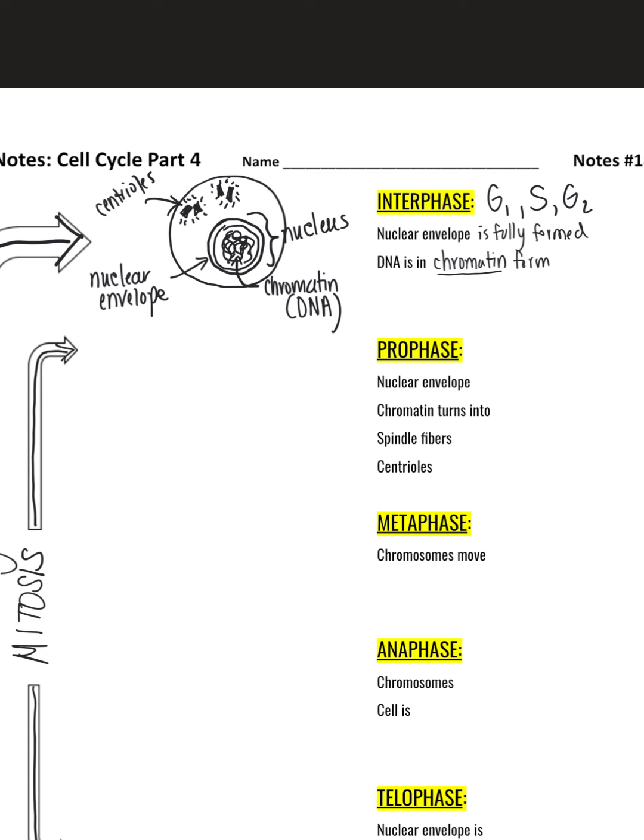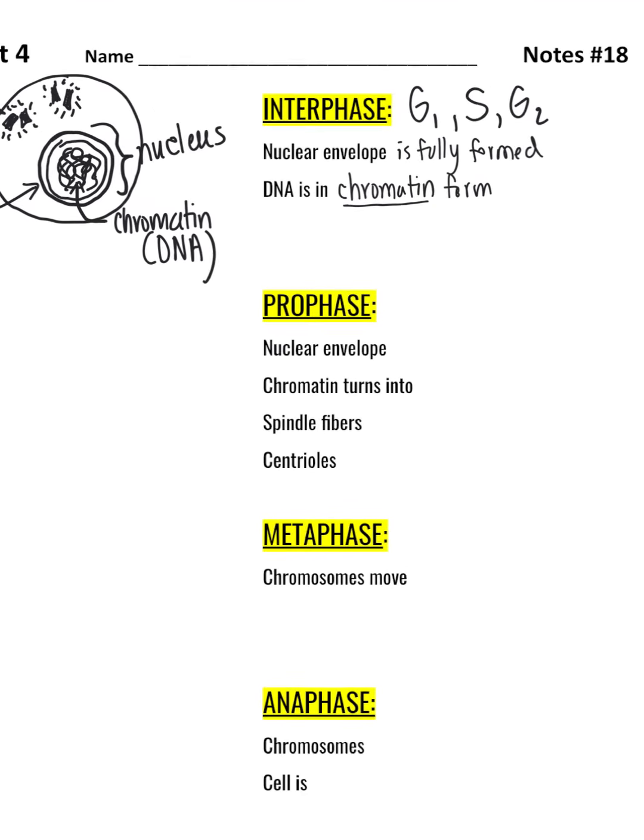Okay, now we're going to go on to prophase. So we're going to start to get into the M phase or the mitotic phase where we start mitosis. So after G1, S, and G2, the cell is then going to enter prophase. During prophase, the nuclear envelope of the nucleus is going to disappear. It goes away. So what that means is the DNA, that chromatin, is going to be fully exposed.